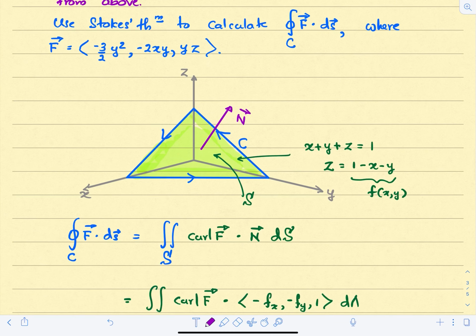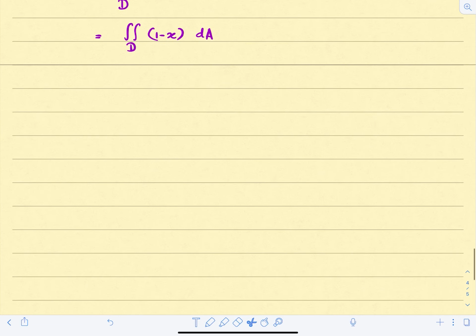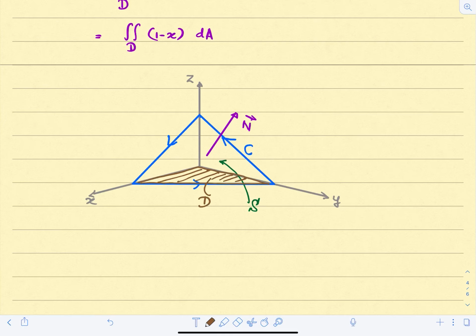Domain D is on the xy plane. Domain D should be this part, this right triangle. That's your domain D.